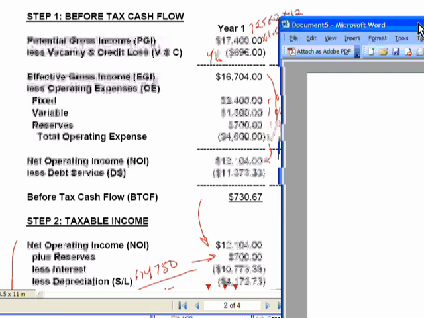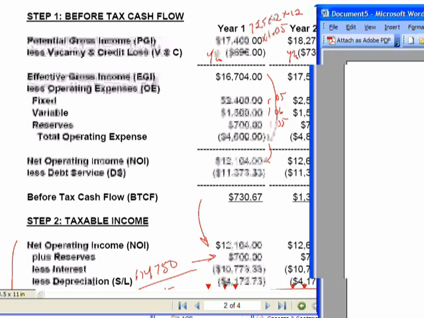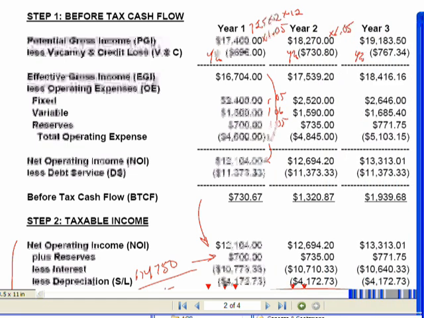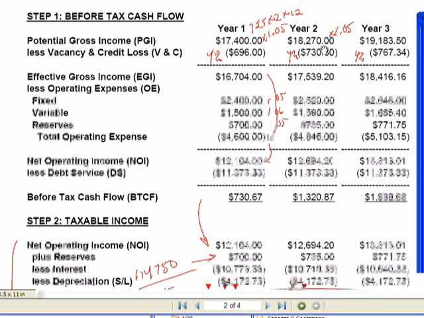Once you have year 1 established, then I would suggest thinking about years 2 and 3. So how do you go from year 1 to year 2? Well, you start at the top, and your PGI, your assumption was that PGI was going to grow, or the rental rate was going to increase by 5% per year.